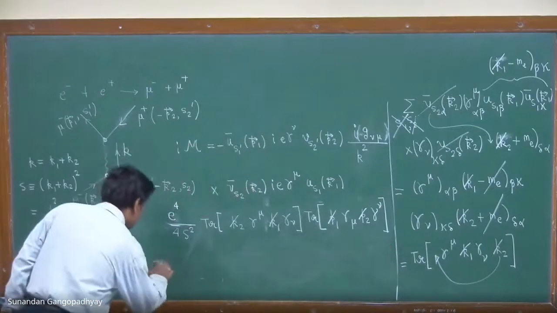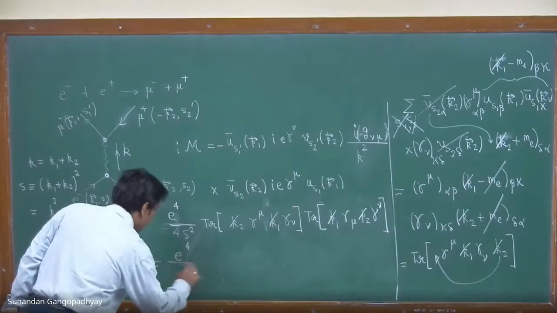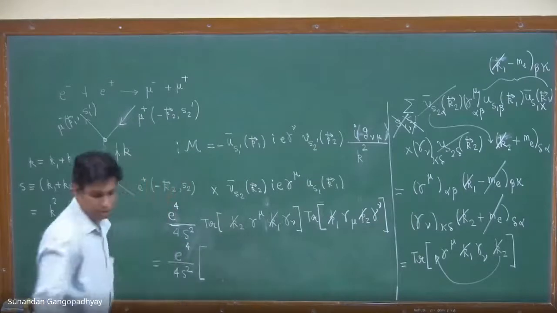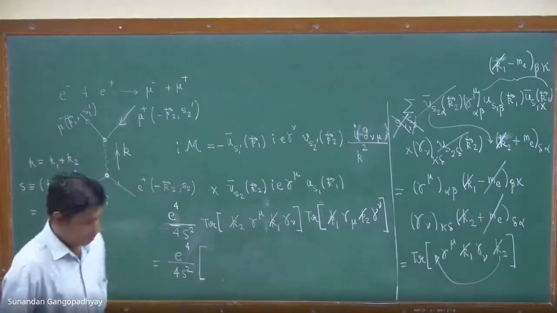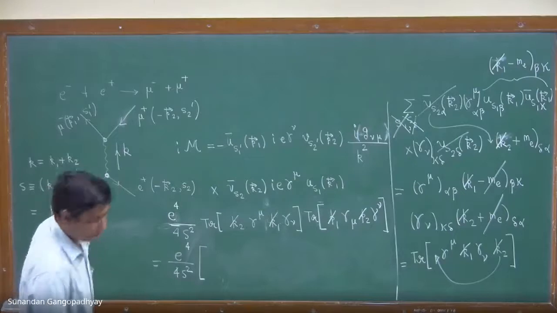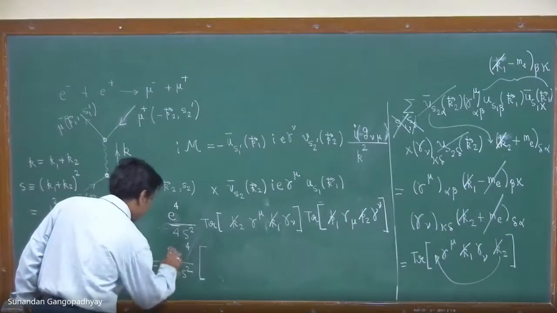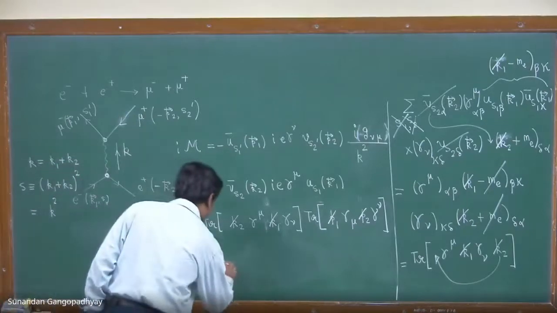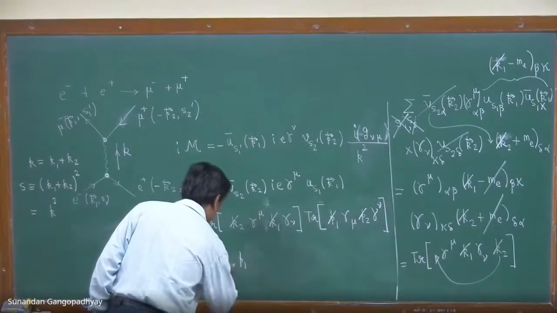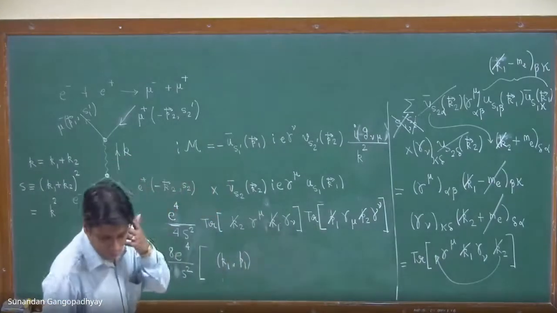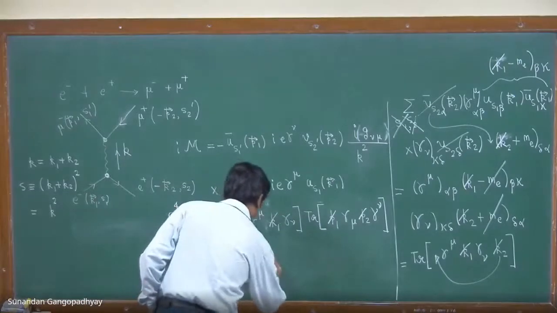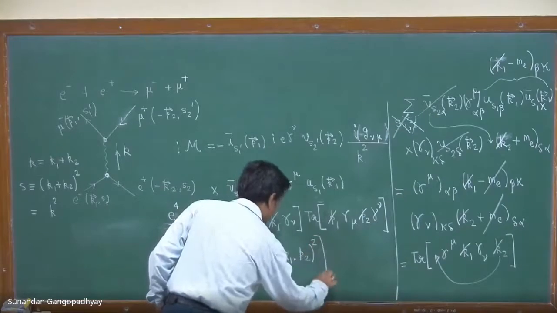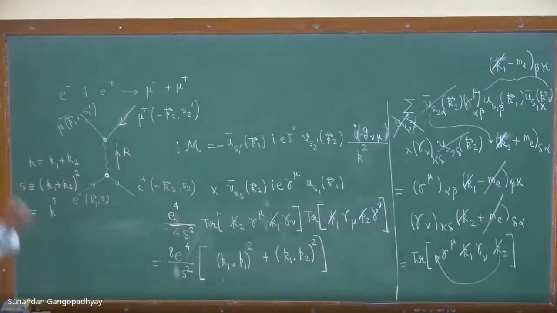So if you calculate these traces, you land up with 8 e to the power of 4 by s square, k1 p1 whole square. So this is what we shall do.